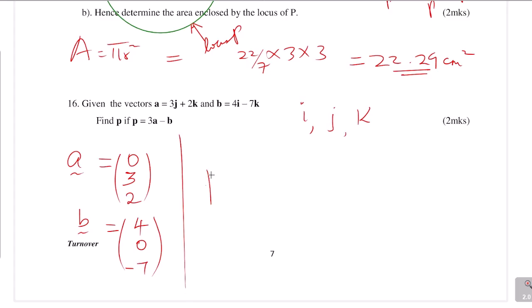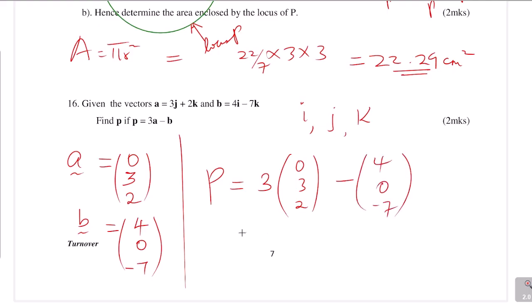So now P should be given by 3A. A is 0, 3, 2, minus B, which is 4, 0, negative 7. So this one will give 3 multiplied by 0, multiply everything there. This will be 0, this will be 9, this will be 6, multiply everything there by 3, then minus 4, 0, negative 7.